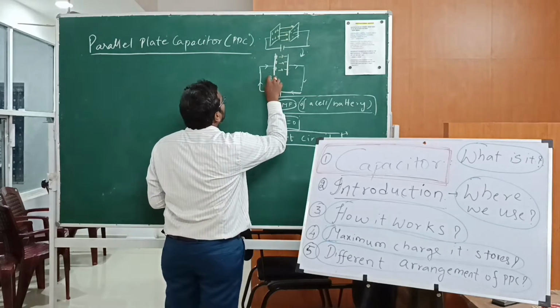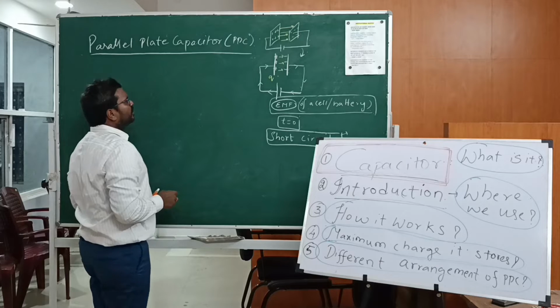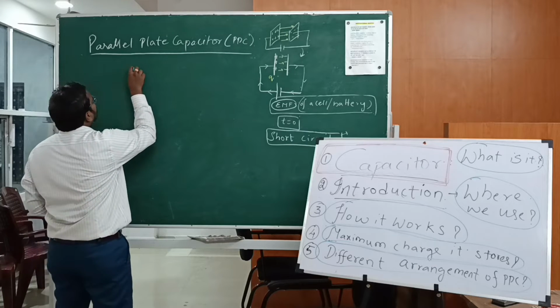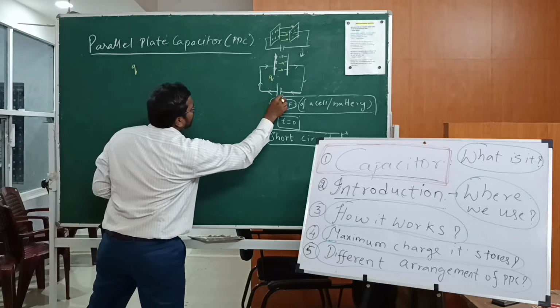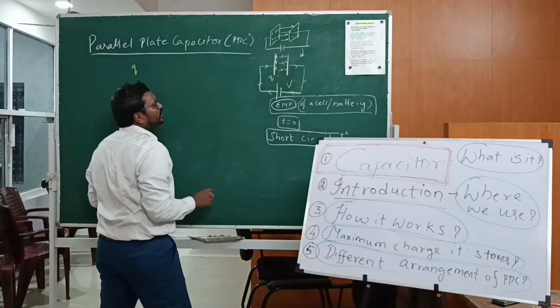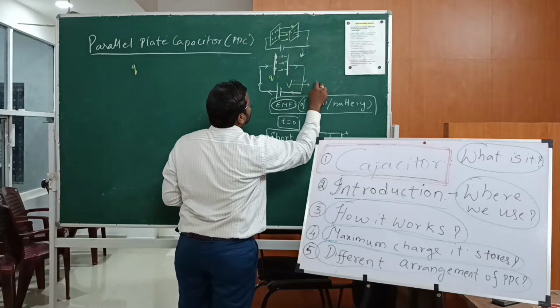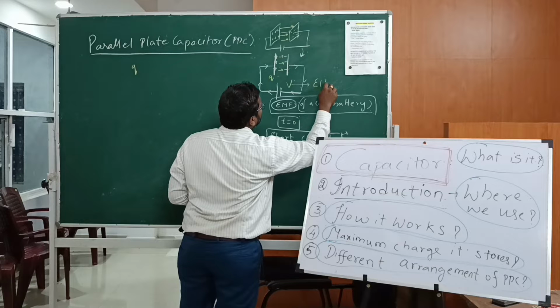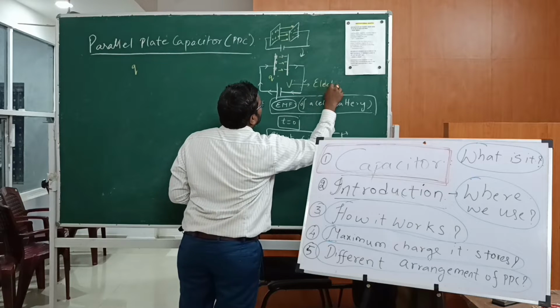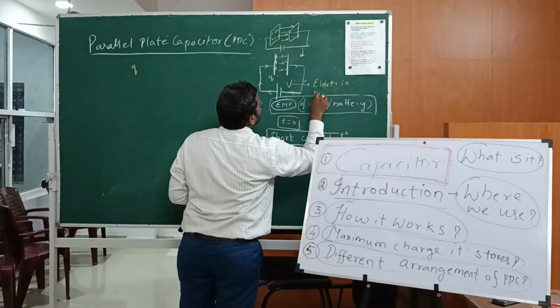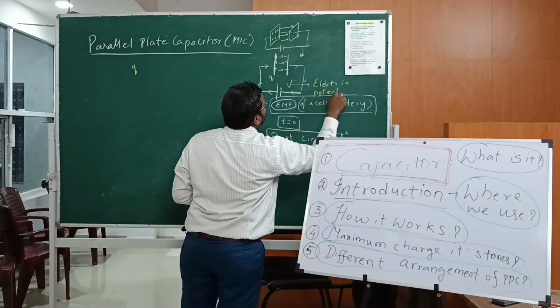So how does this Q work here? The amount of charge stored in a capacitor is directly proportional to the electric potential difference, the EMF of a cell, or the potential difference given across the plates.